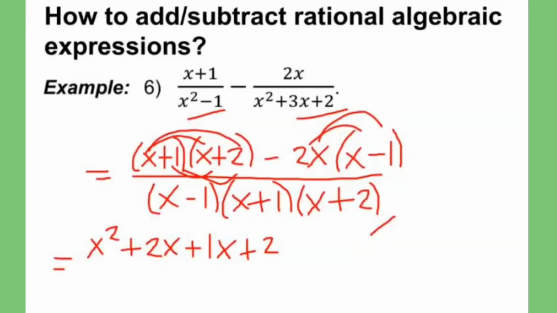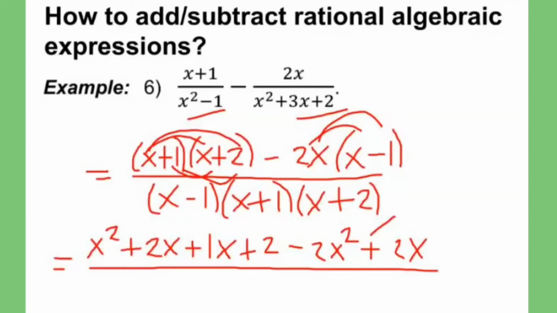Negative 2x times x, that is equal to negative 2x squared. And negative 2x times negative 1, that would be equal to positive 2x. And we also multiply our denominators, x squared minus 1 times the other factor x plus 2.